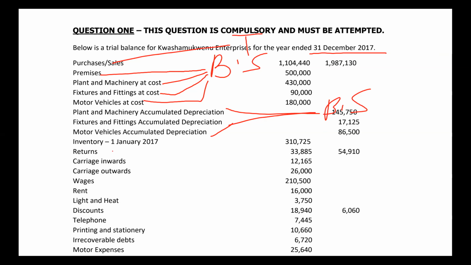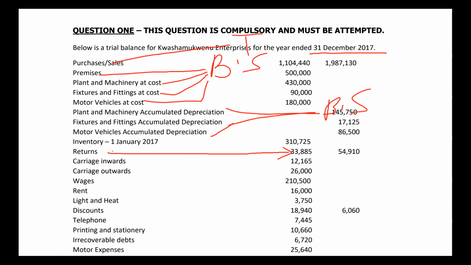Then you go to returns. Check, there are 2 returns here. There is some return that is on the debit and the one that is on the credit. So which one is the return inward? There is the return inward and the return outward.